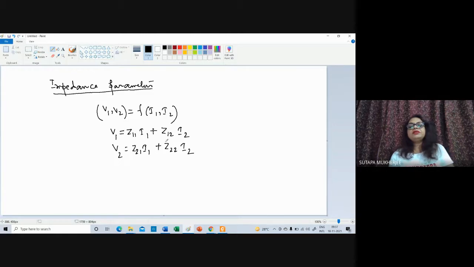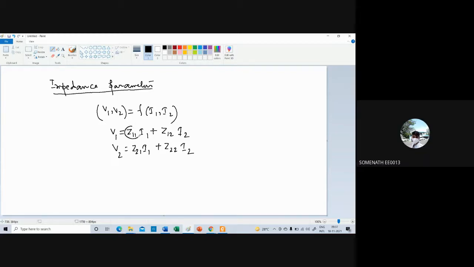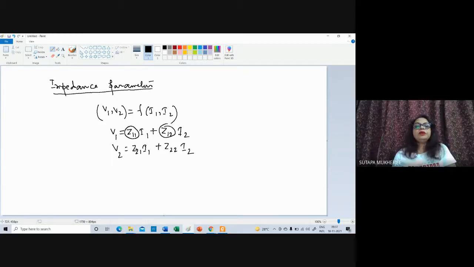So how many parameters are here? Four parameters: Z11, Z12, Z21, Z22. So what is Z11? If you want to get Z11, then I2, that is terminal 2, will be open. I2 will be equal to 0, right? So Z11 is equal to V1 by I1, provided I2 equals 0.